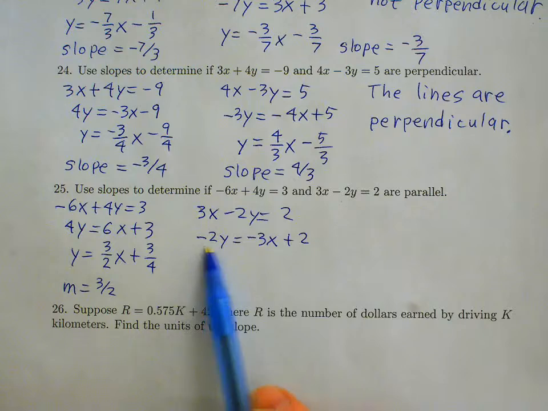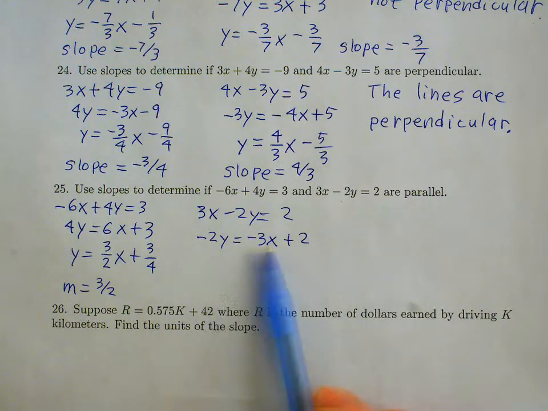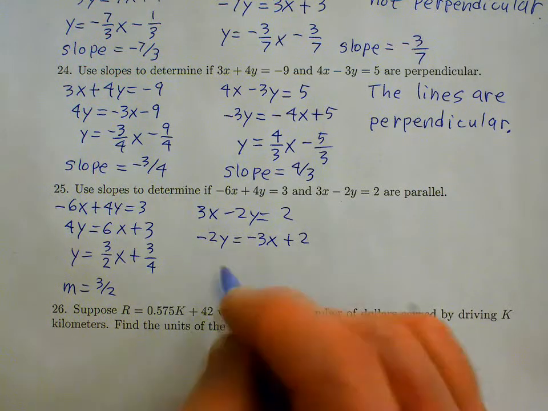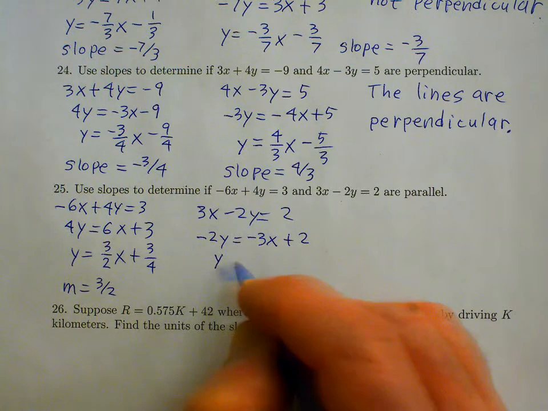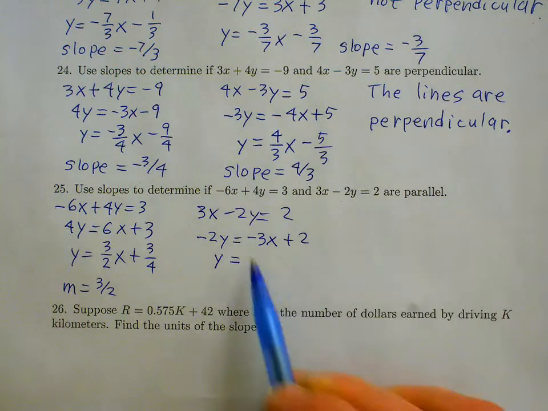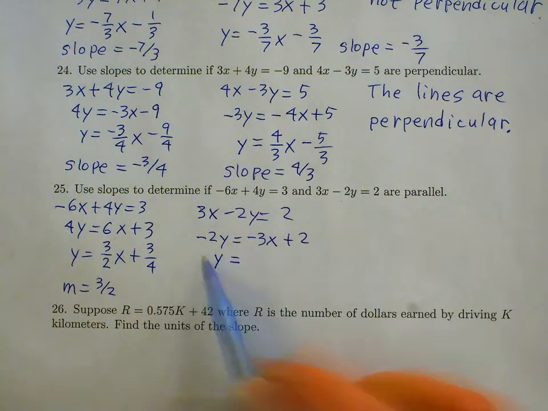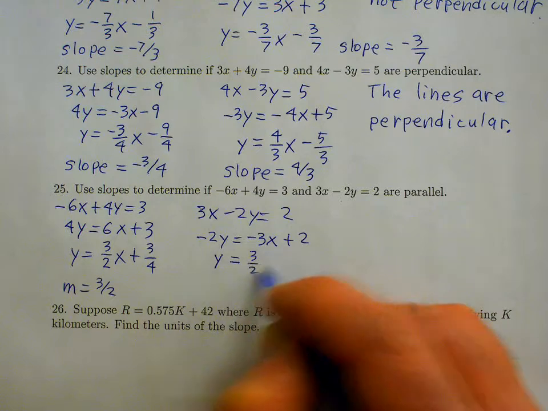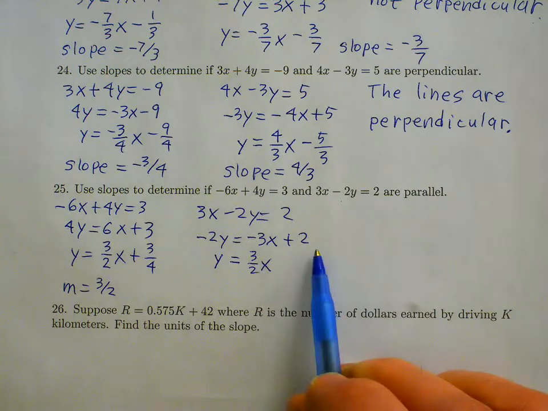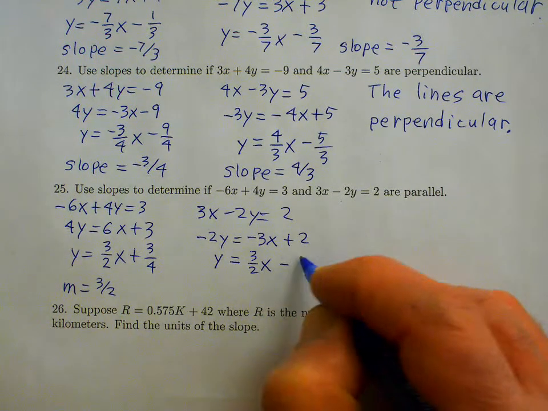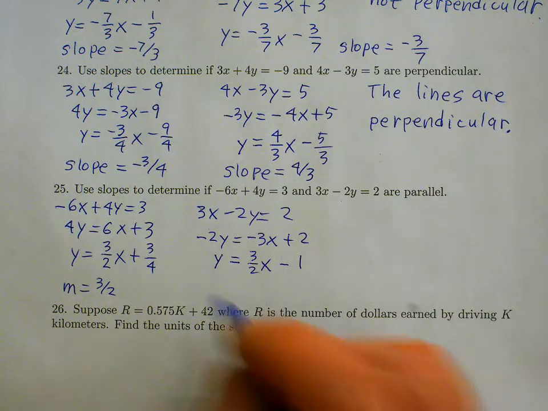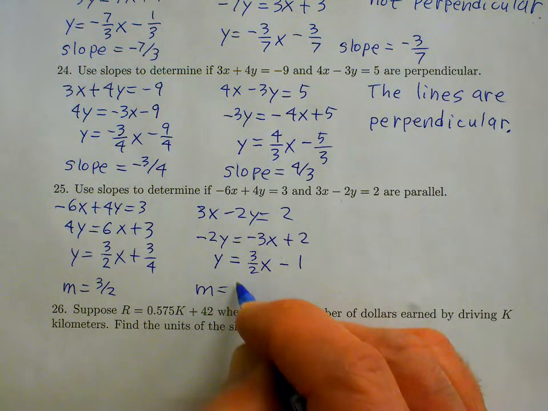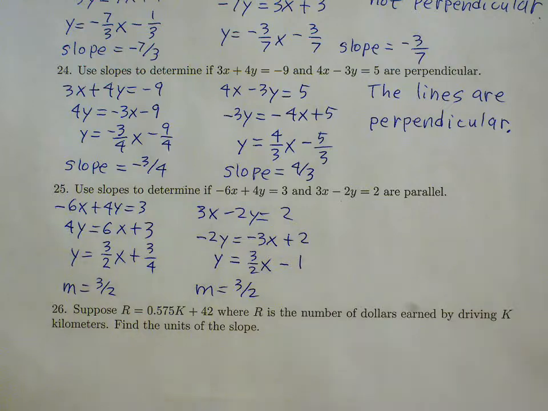Then divide every term on both sides by negative 2. Negative 2y divided by negative 2 is positive 1y, or y. Negative 3x divided by negative 2 is positive 3/2 x. 2 divided by negative 2 is negative 1, so we write minus 1. And the slope of this line is also 3/2.